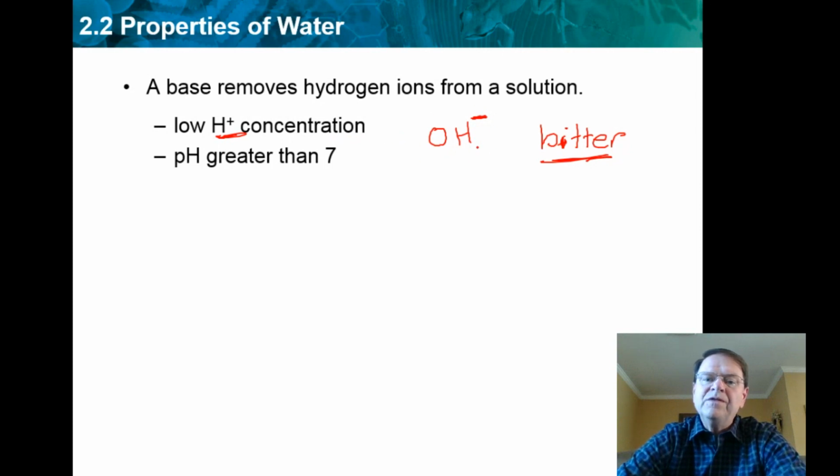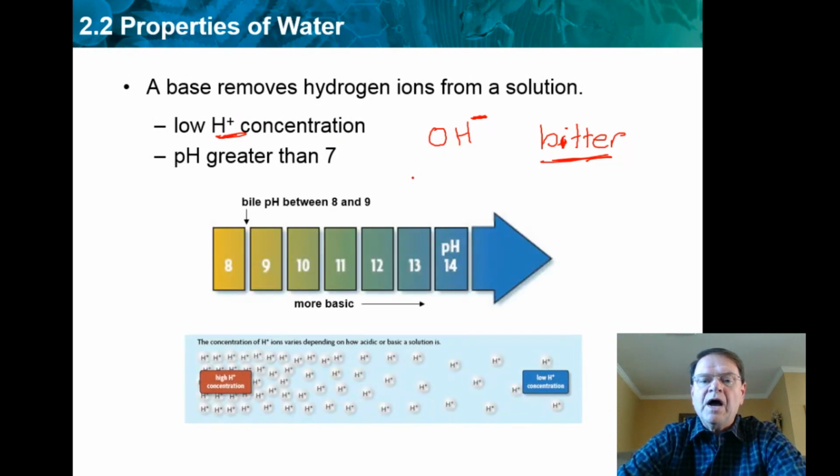So if we add these kinds of compounds in, it's going to bind to this hydrogen atom and it's going to remove it, convert it back into water. And of course, there's an equilibrium that exists in any type of solution, but this is typically the pattern of reaction that we see. And so on the high end of the pH scale, we find bases.